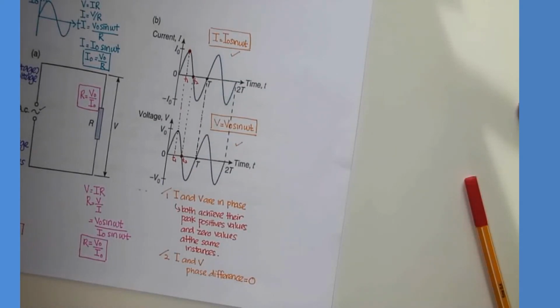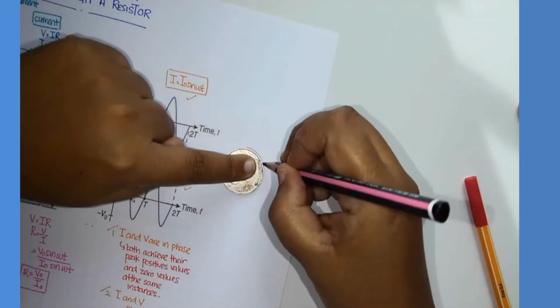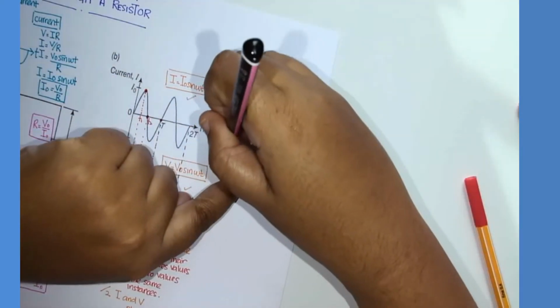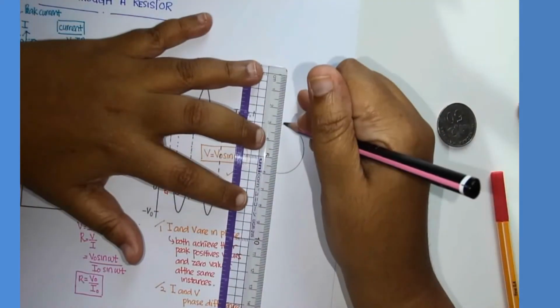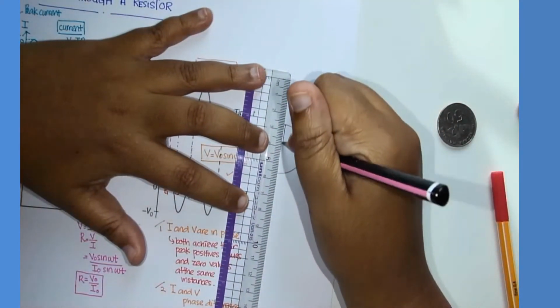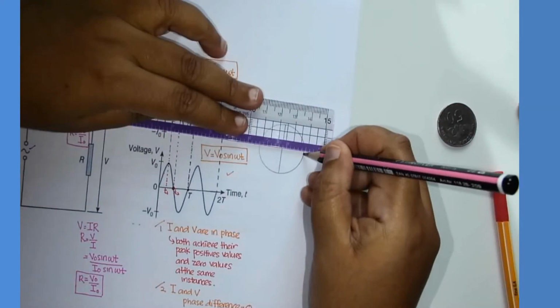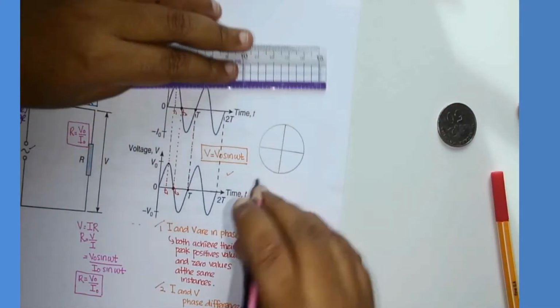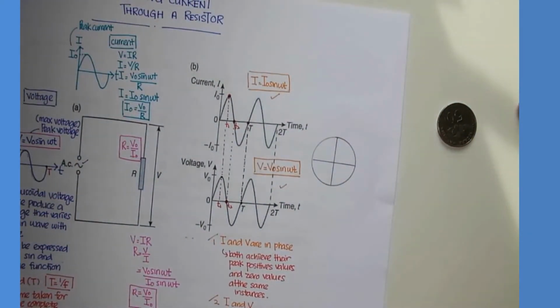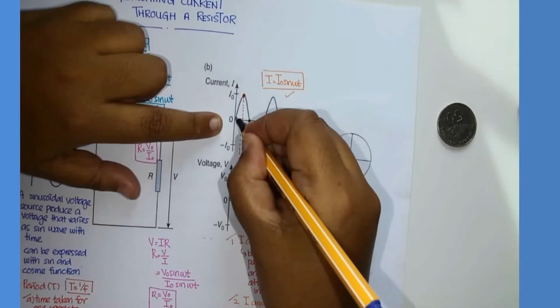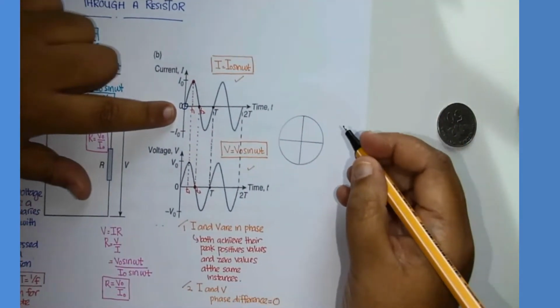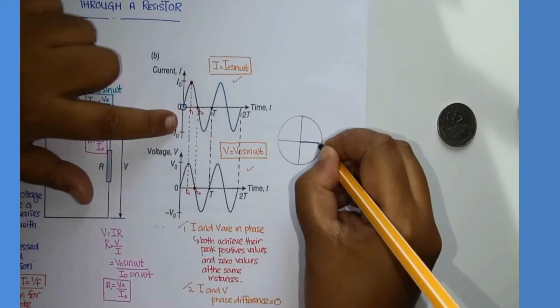In order to know the phase difference, we have to draw a phasor diagram. Let's look at the first one, the current. The current's initial position is here, so in the phasor diagram the line will be here.